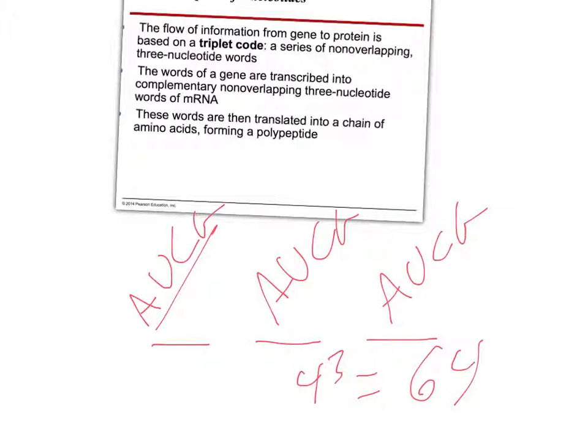And that is what we call the redundancy of the code. Redundancy means that in some cases there are 4 options for one amino acid. In other cases, there's only 1. So depending upon the amino acid, this code is redundant, meaning those codons, those triplets, are reused.